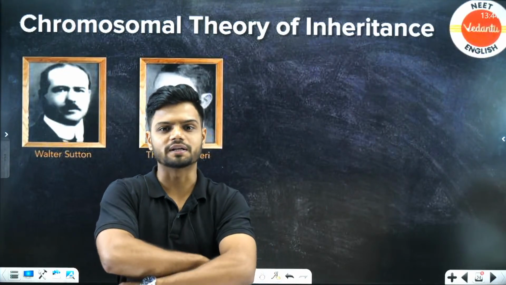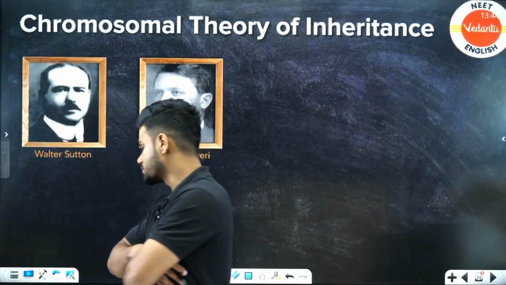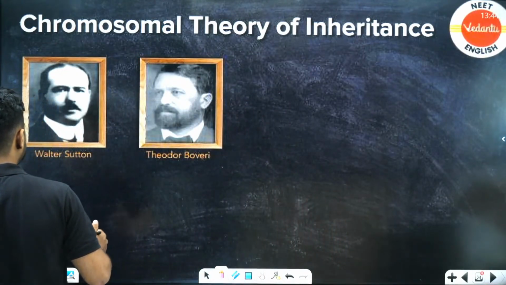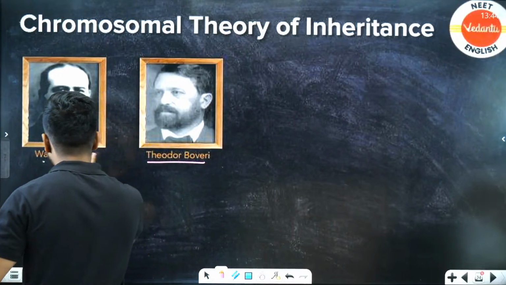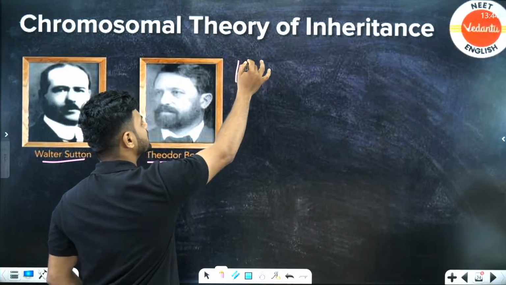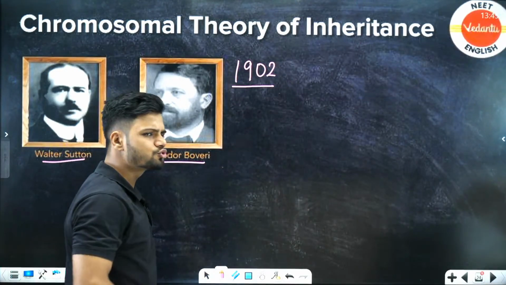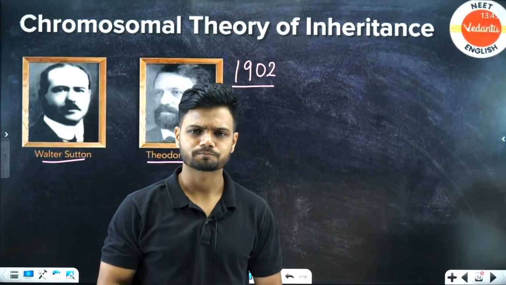Now there are two more scientists, Sutton and Theodore Boveri. In the year 1902, they gave the chromosomal theory of inheritance.